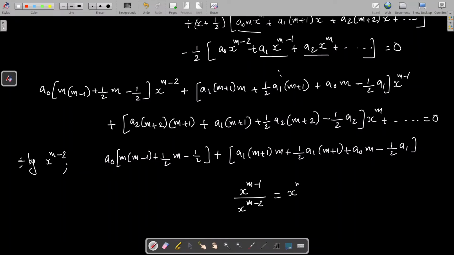So that is x raised to m minus 1 minus of (m minus 2), that is equal to x raised to m minus m cancels, minus 1 plus 2, we have 1. So here we have the term x.